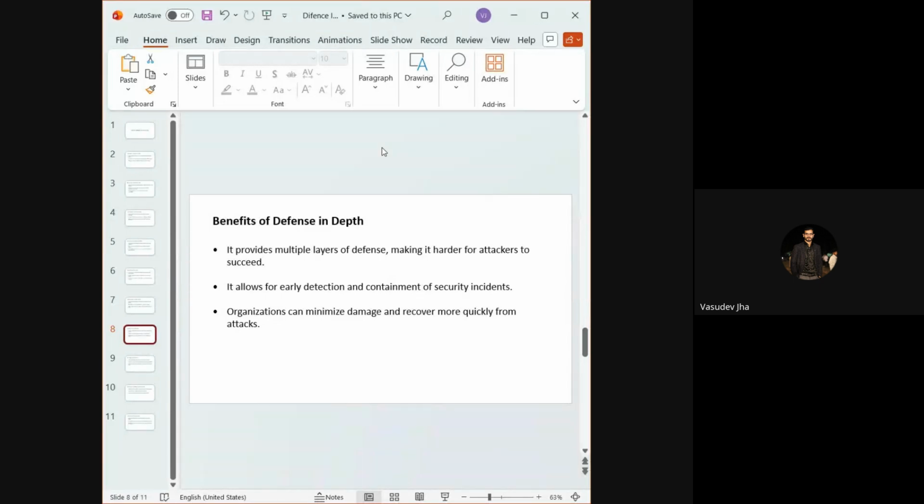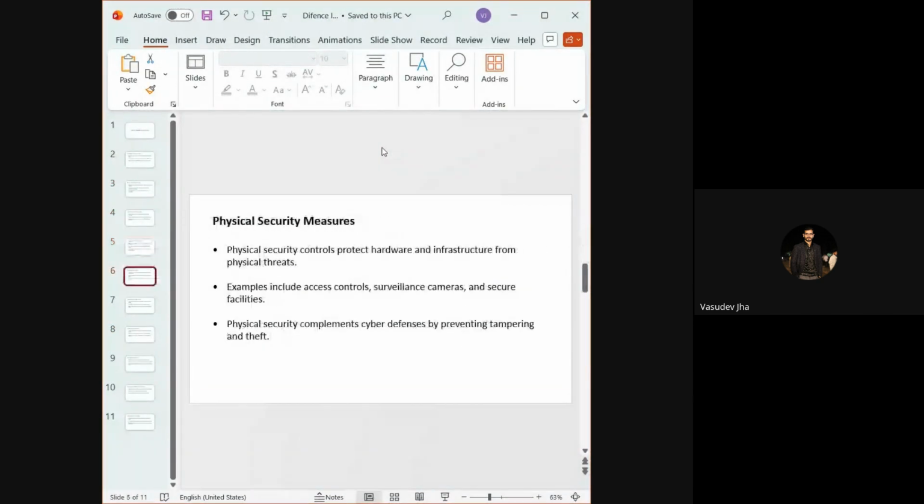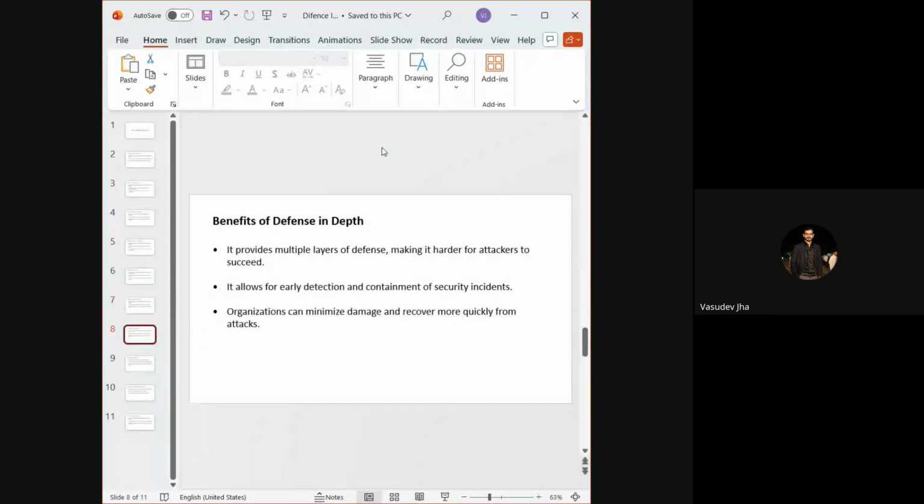We have our security in different layers: technical layer, physical layer, administrative layer. So it's very hard for an attack to succeed unless someone breaks at least two layers. It also allows for early detection and containment of security incidents. The organization can minimize the damage and recover more quickly from attacks.